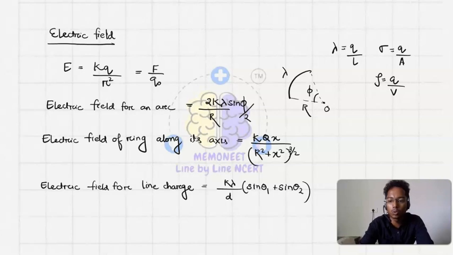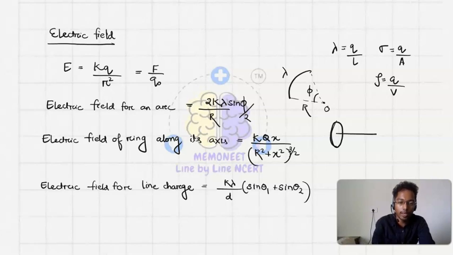Then the next formula, that is electric field for the ring along its axis. Let's say we have a ring here, and this is the axis of it, and we have the point P. This is x distance and the radius is r. So we have the formula k q x upon r square plus x square whole to the power 3 by 2.